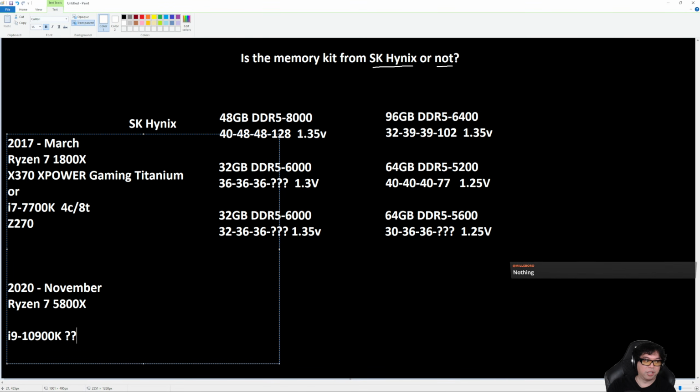Or even an i7 10700K? This CPU existed at that time. That was the latest from Intel. Could I put that in a Z270 with a BIOS update? Will it work?